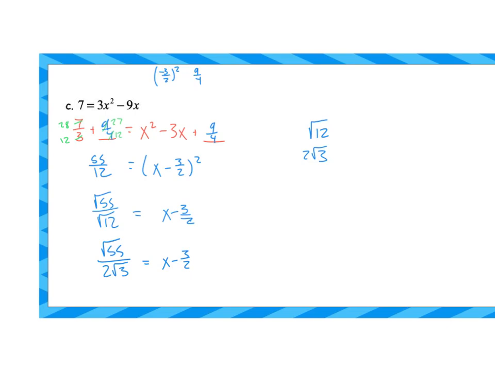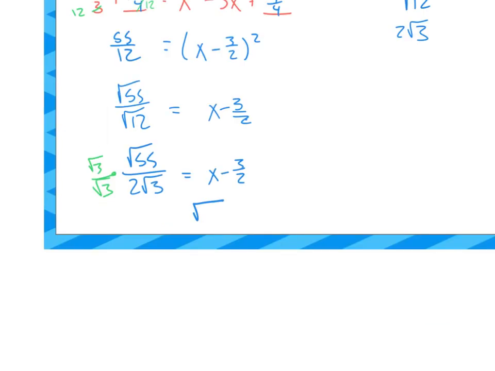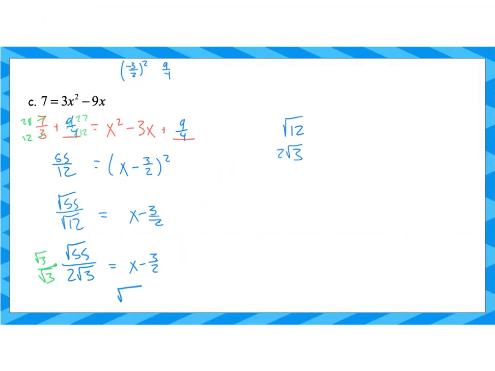And then to rationalize that, in order to get the square root out of the bottom, I need to multiply both the top and the bottom by the square root of 3. And what that's going to give me now at the top of the fraction would be the square root of 55 times 3, which is the square root of 165.